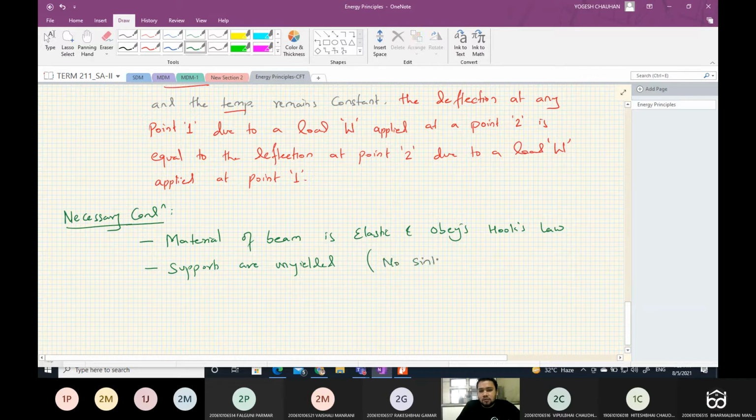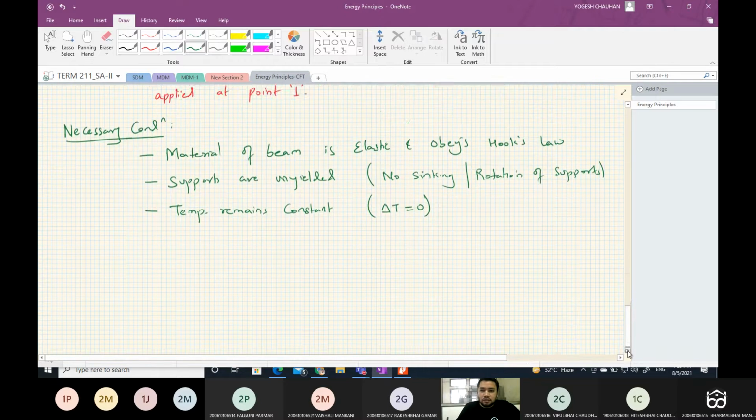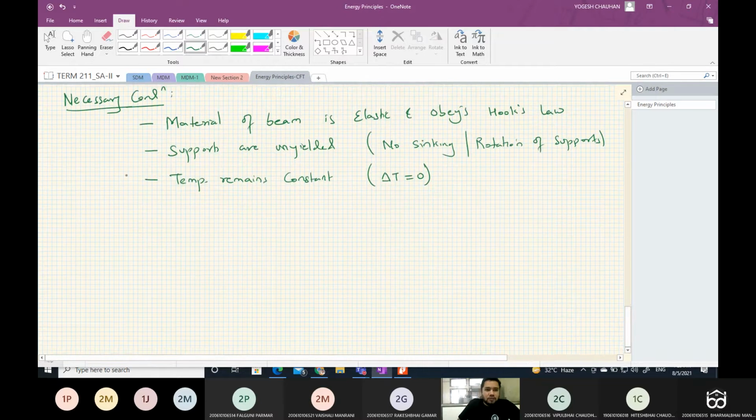Third, temperature remains constant, means there is no change in temperature, that is delta T is equal to 0. So if these conditions are satisfied, then we can apply this theorem.